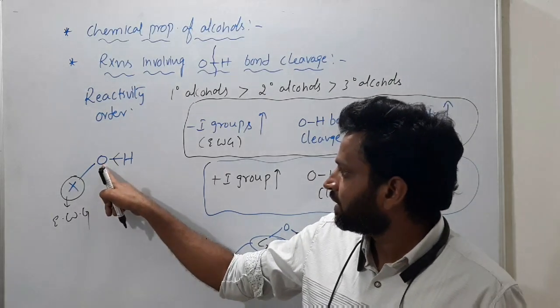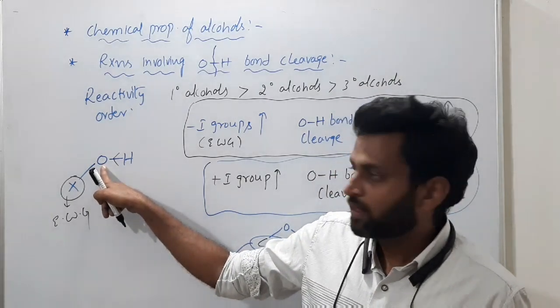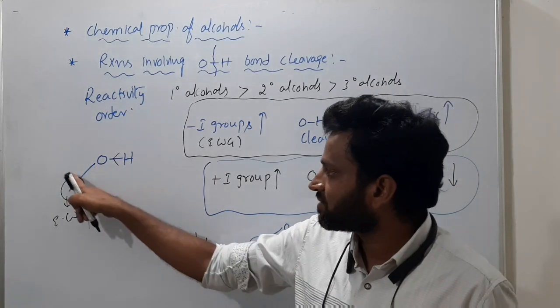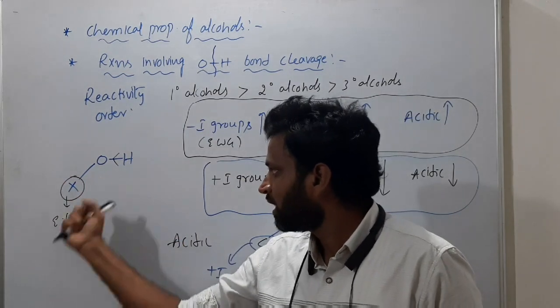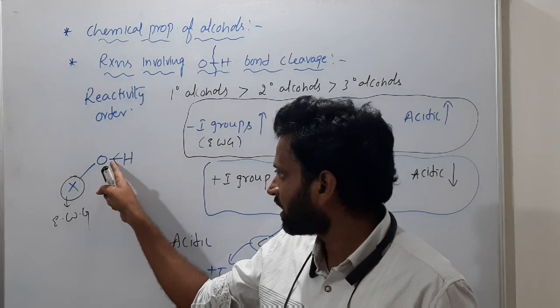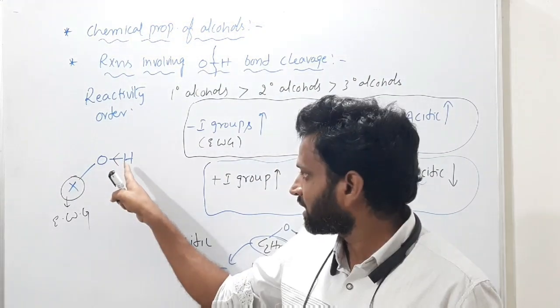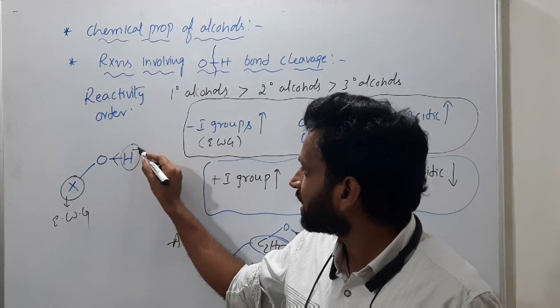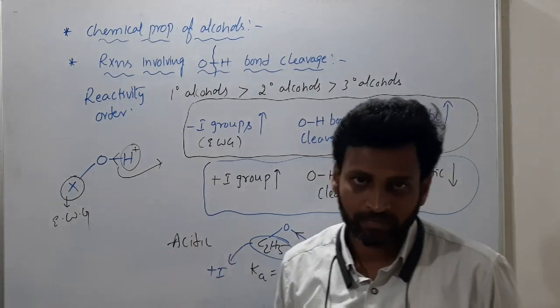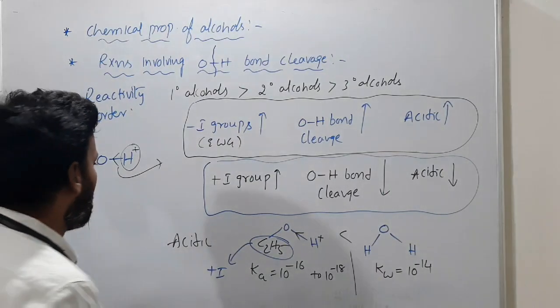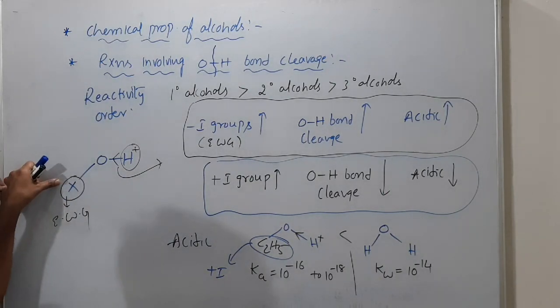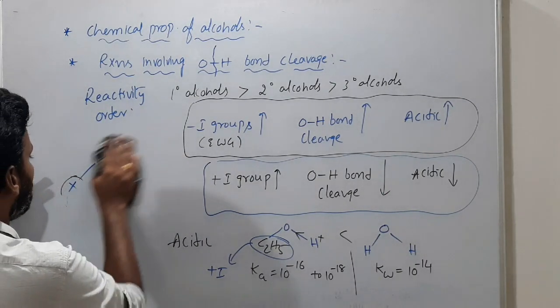Certainly electron density on oxygen can increase because this X is electron withdrawing. Oxygen tries to take these bonded electrons. Certainly H plus can come out easily. So this is a very clear point: as an electron withdrawing group is there, then OH bond cleavage is more.